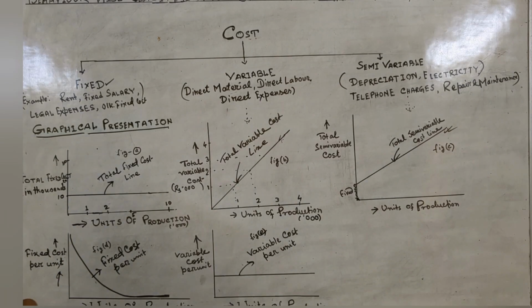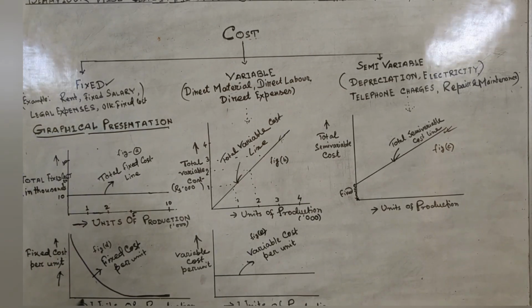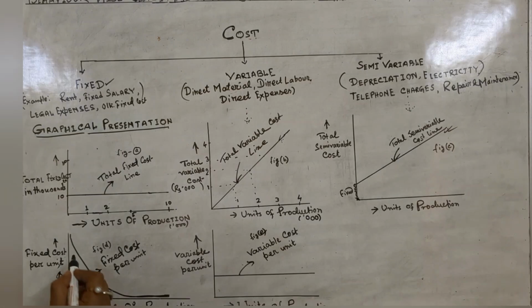Now, if you increase the production units from 1 to 2, then what will be the fixed cost per unit? 10,000 divided by 2, that is 5,000 rupees.